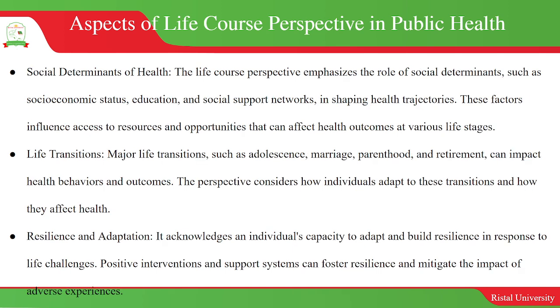Another aspect is what we call the social determinants of health. This basically emphasizes that the conditions of where we live, where we stay, the people around us influence our health. Okay, so where you take your child to school, where they work, where they are going to stay when they are married and things like that, influence their health. And then we have the element of life transition, moving from one major life stage to another.